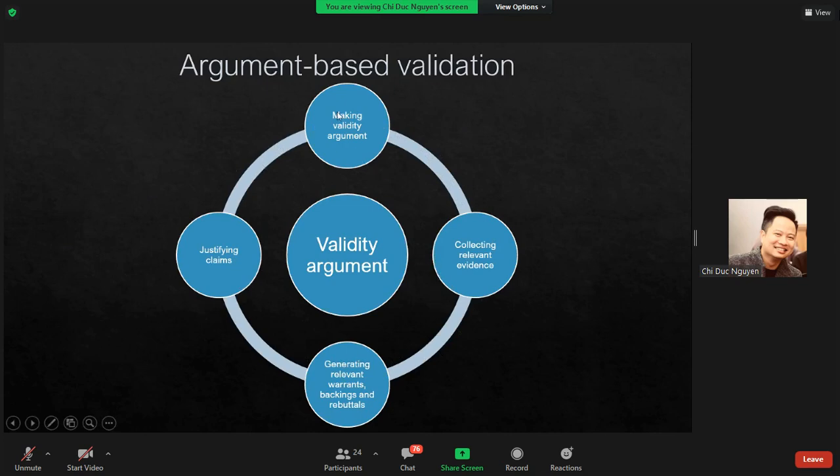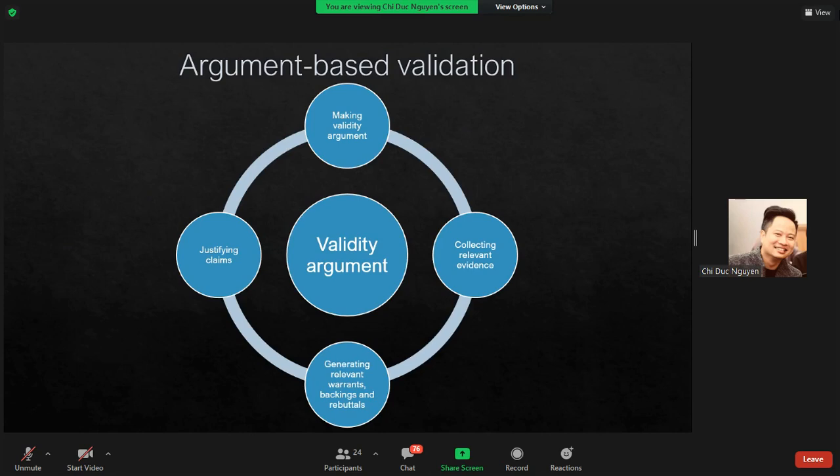To do this validation, we start with some kind of argument, in other words, with the claim. These claims will be related to the inference or some kind of assumption that you need to make. We have learned about different kinds of assumptions already. In the model, we have six assumptions altogether, starting with the first one, the evaluation assumption, that I just gave you the example of in the previous slides.